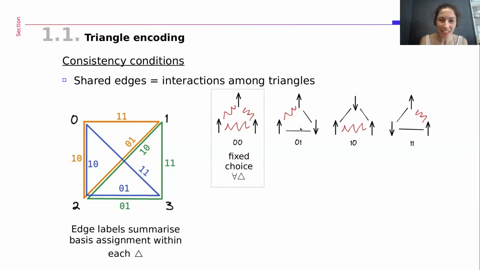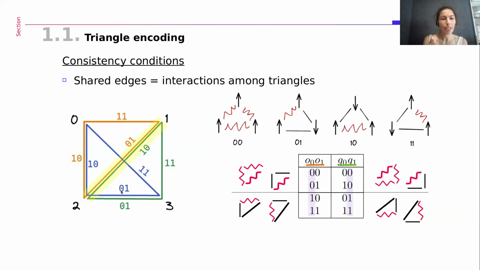So essentially, for example, this 0,1 here means that this would be the parallel edge corresponding to the configuration 0,1. So once we have defined this within each triangle, we're going to take a closer look at this edge here.